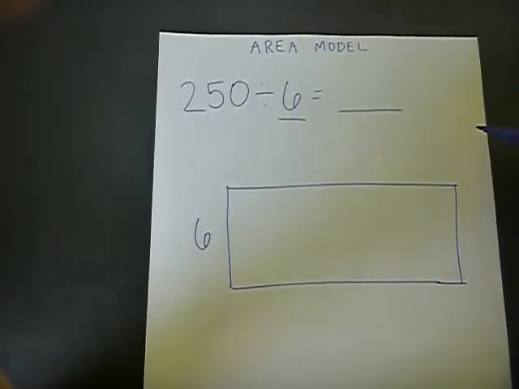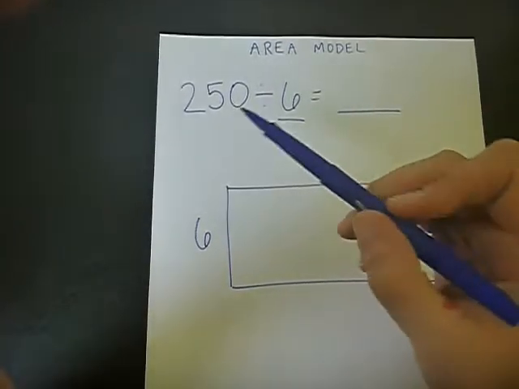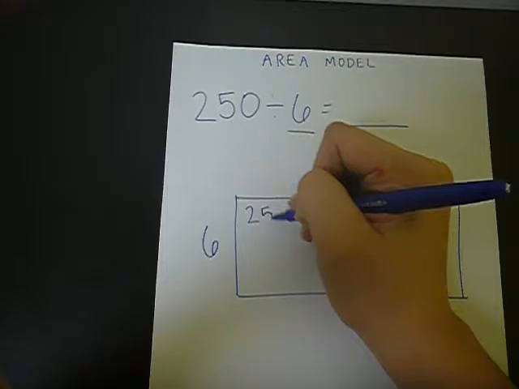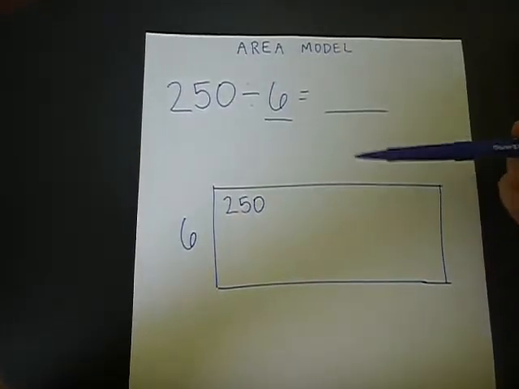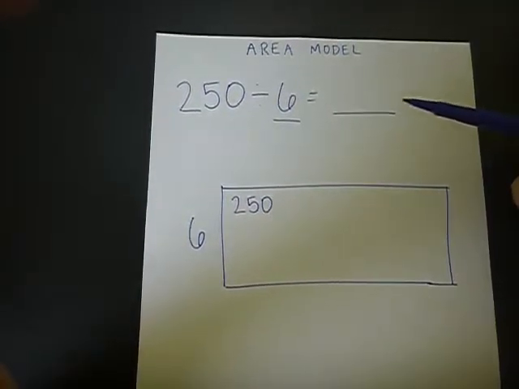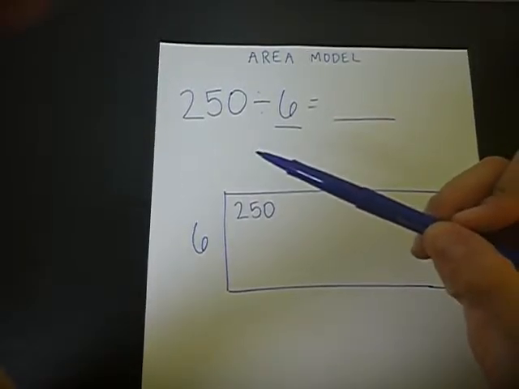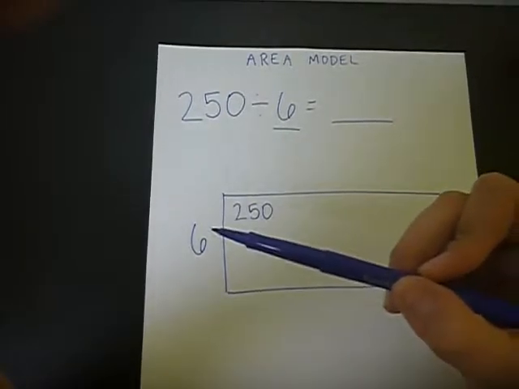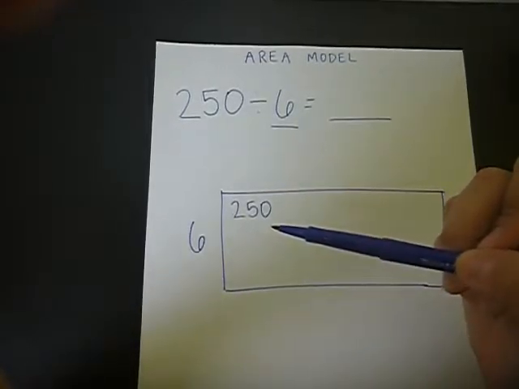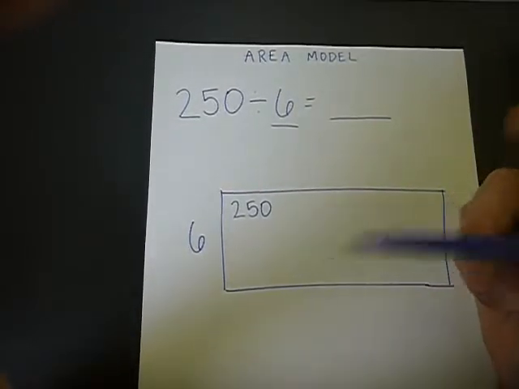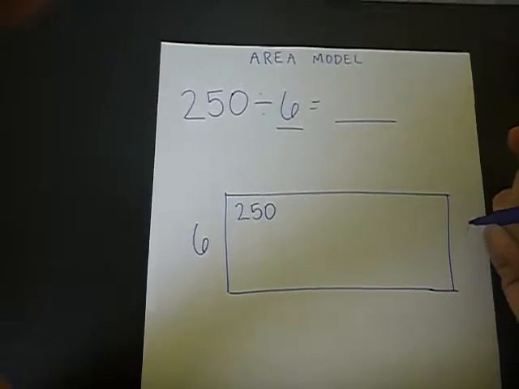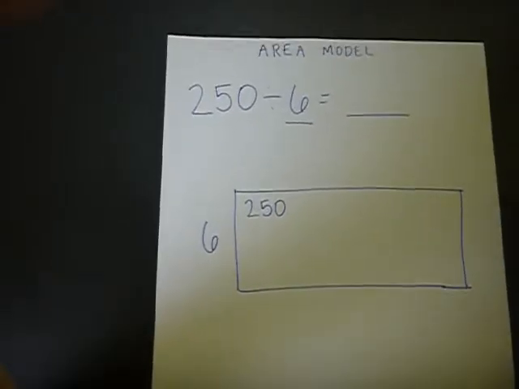Now the first step that they take is to take the entire dividend or total and put it in a box. 250. I'm going to start by trying to find what I could multiply 6 by to get my area of 250, because we know that area is the same as multiplying the length times the width.